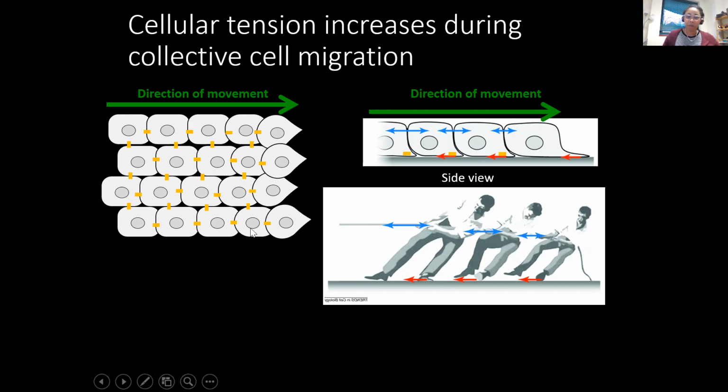So there's that force pulling you in one direction while you're trying to pull in the opposite. You're also trying to maintain contact with the rope, meaning maintain contact with your neighbors, but also maintain contact with the ground. You don't want your feet flying up from under you. These are the same forces that cells migrating as a group have to try to maintain. And that brings me to the project options.